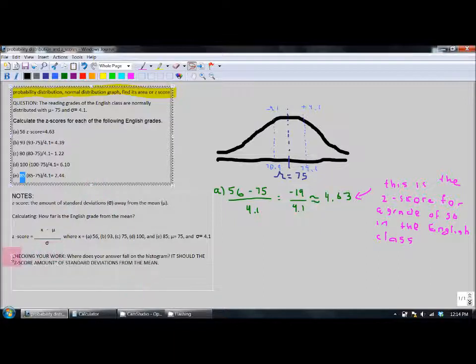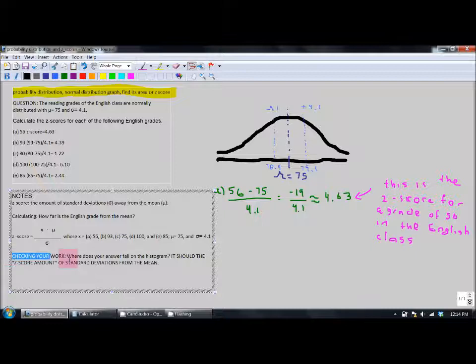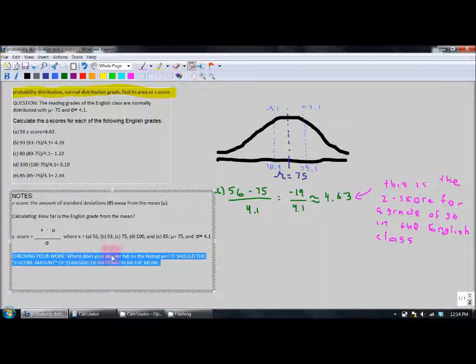And then I guess the last step you can do is you can always check your work. You pretty much check your work by asking yourself, where does your answer fall on the histogram? It should be the z-score amount of standard deviations from the mean.